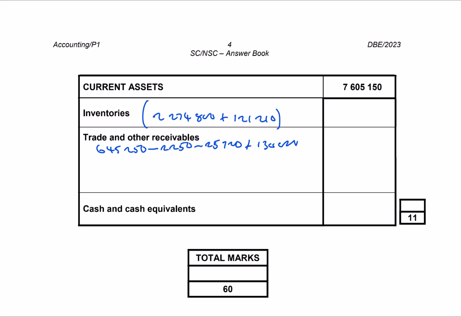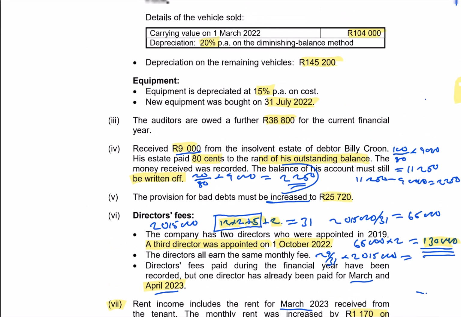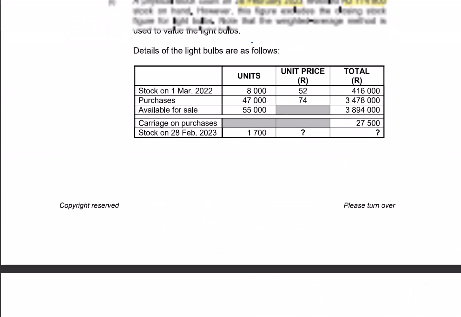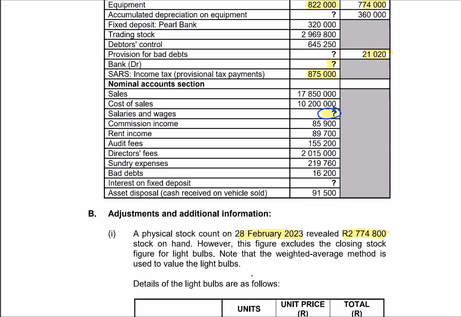Then cash and cash equivalent. So we have total current assets being 7,605,150. Let's see if we didn't leave anything, especially things like taxation, SARS income. It says here SARS income provisional tax payment. So the payment that we made amounted to 875,000.